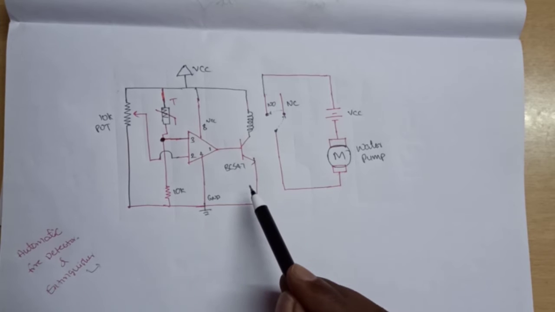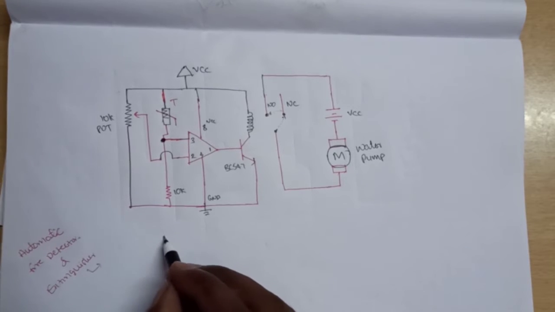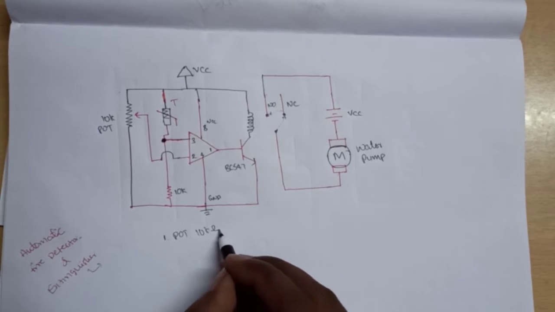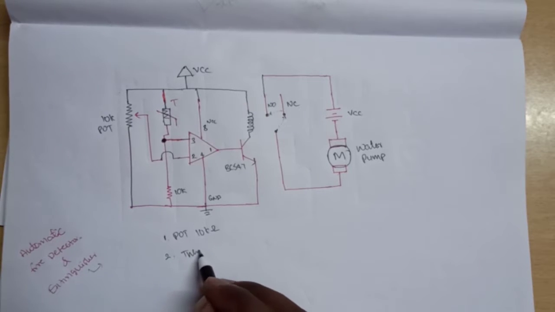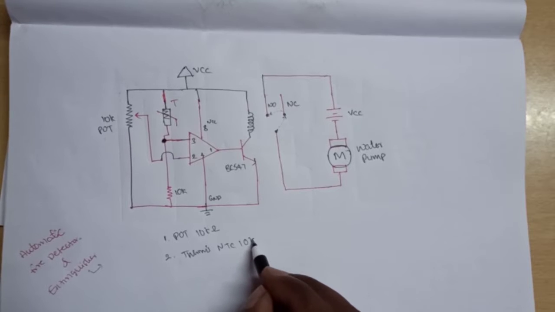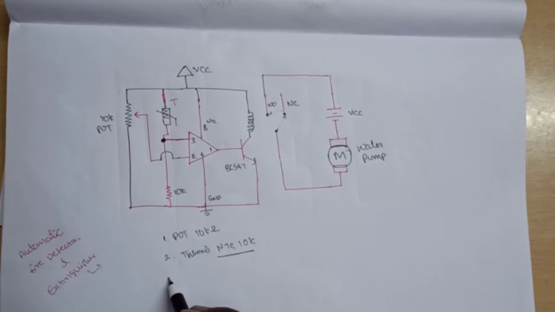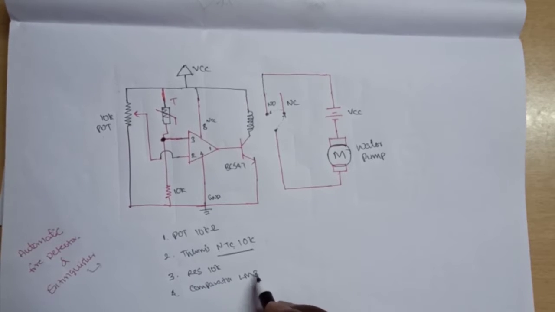So this is the circuit diagram of the fire detector. In this we have used components like a potentiometer, that is 10 kilo ohms value. And second one, thermistor, NTC 10 kilo ohms thermistor. NTC means negative temperature coefficient, I will explain later about the component. Third one is a resistor, 10 kilo ohms. Next, comparator or op amp, number is LM358.